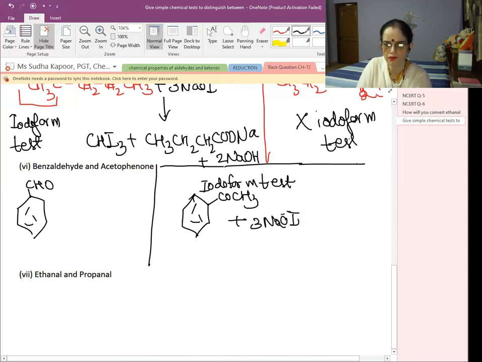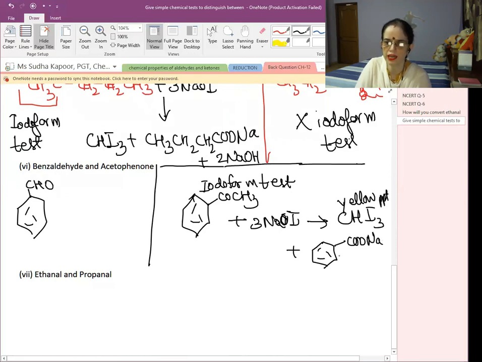We will be getting CHI3 in the form of yellow PPT, along with the formation of benzene ring with COONa and 2NaOH. So these tests are very, very simple to be identified. The methyl ketone are going to give the iodoform test.